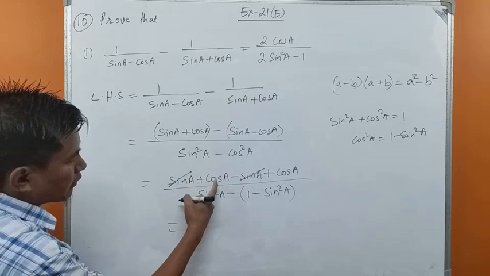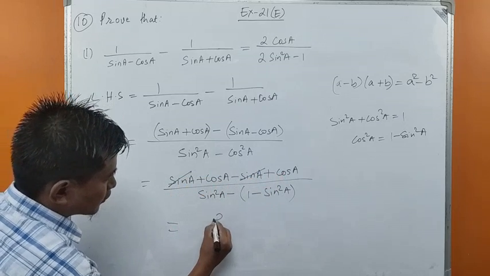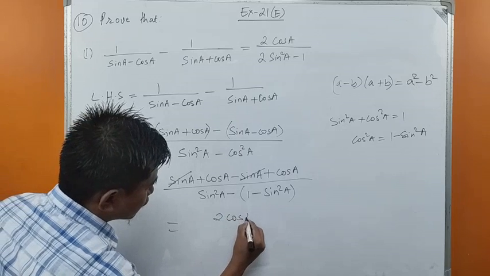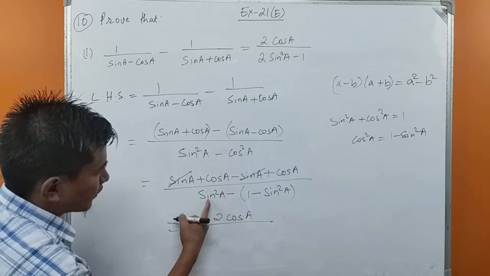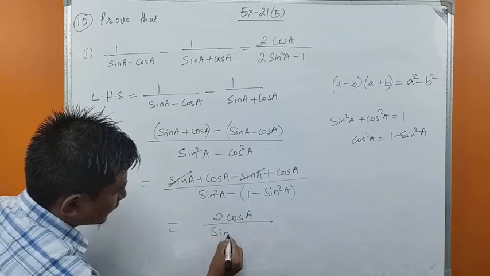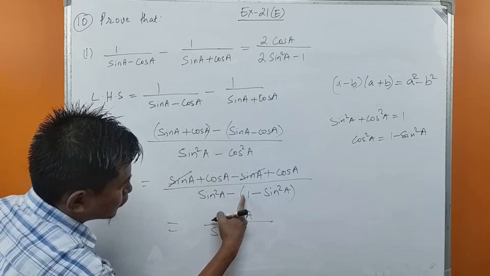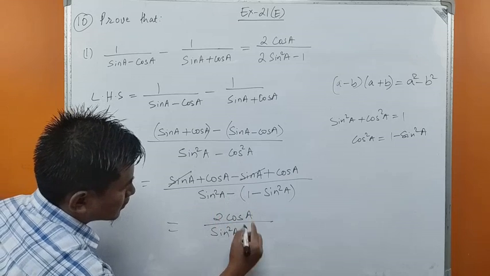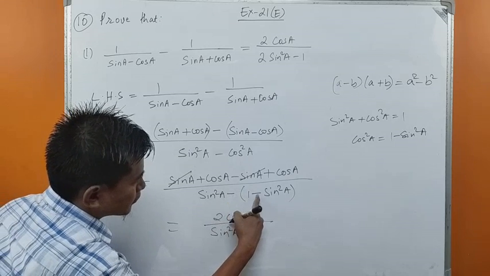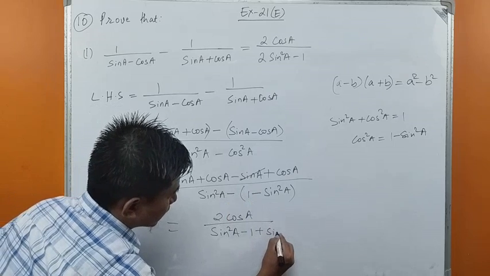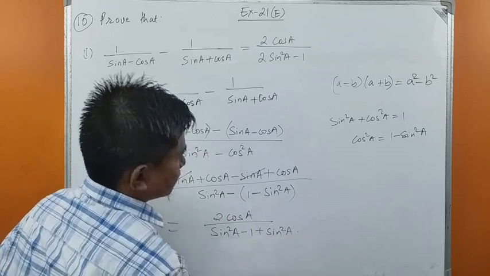In the numerator we have cos A plus cos A, that is 2 cos A, and in the denominator we have sin square A minus into plus minus 1 minus into minus plus sin square A, isn't it?